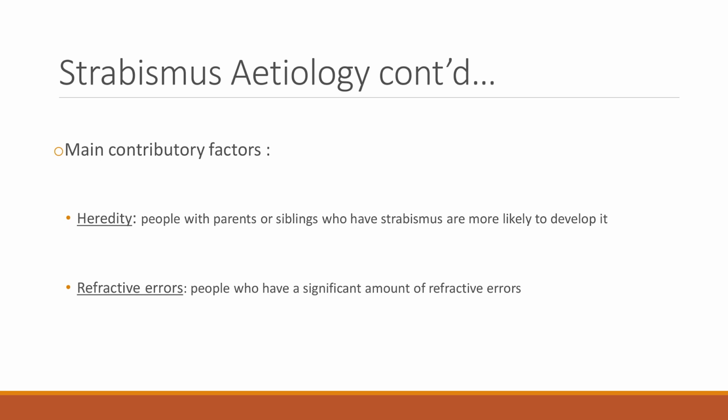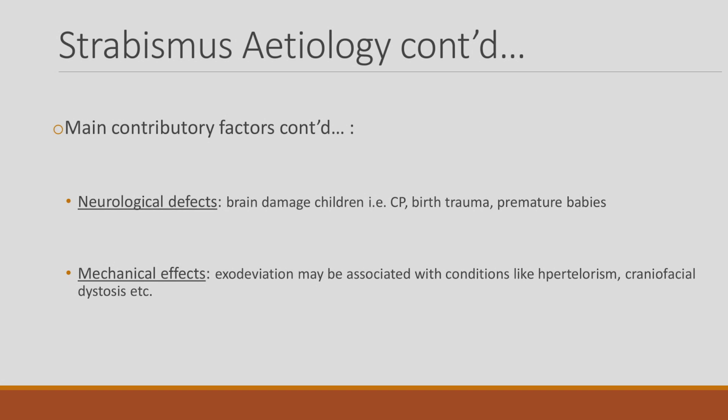People who have a significant amount of refractive error may develop strabismus. A neurological defect can cause strabismus, which can be due to brain damage in the pediatric age group, like birth trauma or a premature delivery. And in mechanical defects, the exodeviation may be associated with conditions like hypertelorism or craniofacial dysostosis.